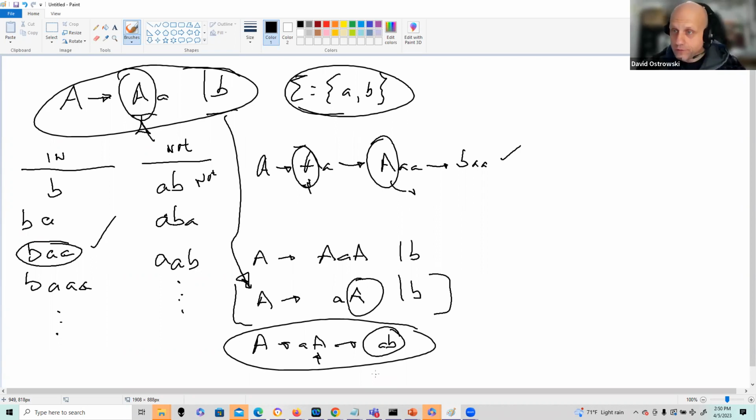The more you work with the derivation of these grammars, the grammars become increasingly complicated and sophisticated.